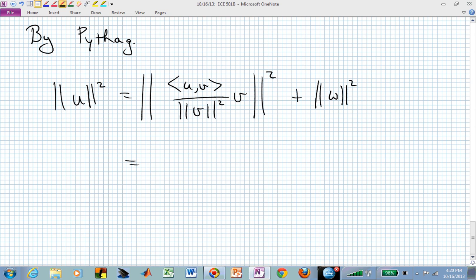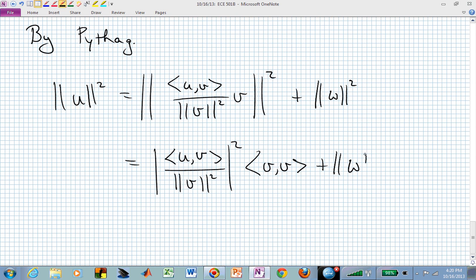Meaning we can now rewrite this as the magnitude of a, the inner product of u and v over the norm of v squared, squared, and now take v inner product with itself, plus the norm of w squared.